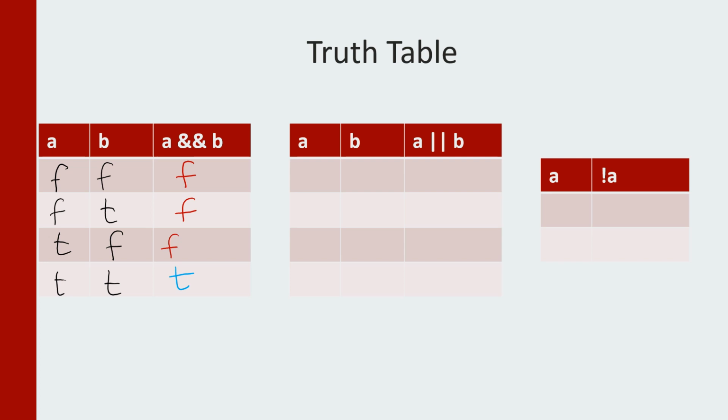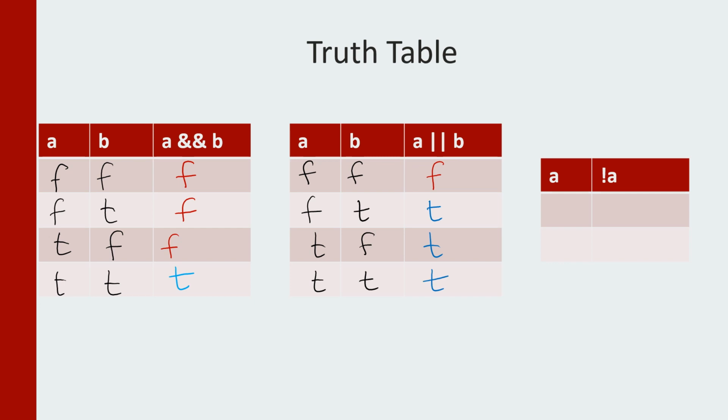Now, if I do A or B, I still have these same combinations that I had before for the variables, but now I have the fact that only one of them needs to be true for the whole thing to be true. So if both of them are false, then A or B will be false. However, the rest of the time, at least one of them is true, and so the whole thing is true.